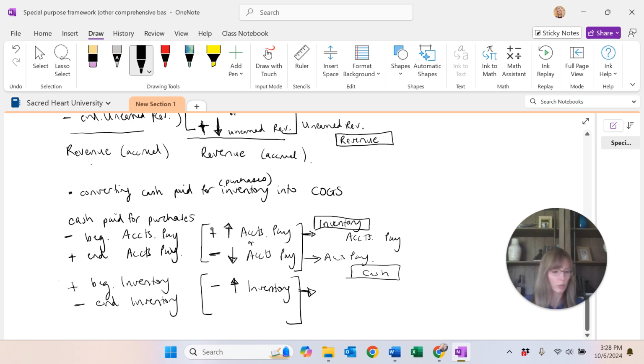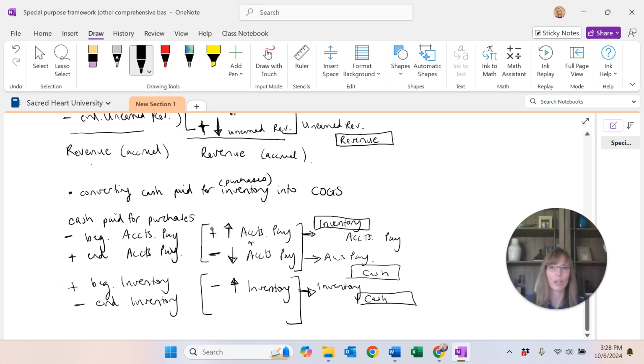So if our inventory went up, what would have had to happen to the other side? If our inventory went up, either accounts payable went up, and that's what we have here, or we paid out cash. And so what happens?